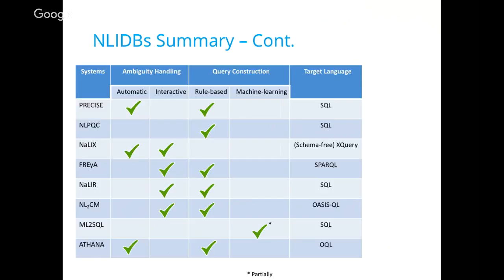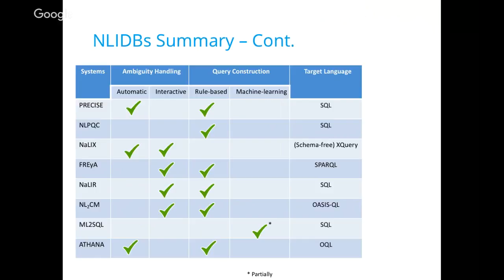From the query construction point of view, as you have already seen, pretty much all the systems utilize some predefined algorithm to construct the queries, except for this particular case where it uses machine learning to a limited extent. Then in terms of target language, pretty much all the systems utilize SQL.